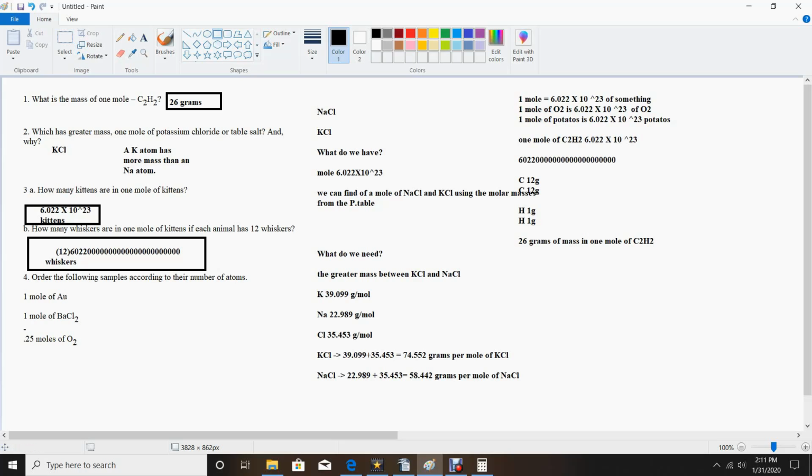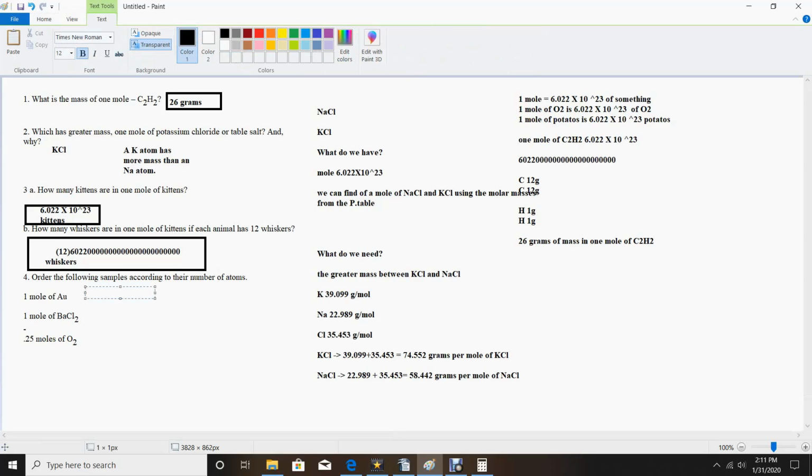1 mole of gold, Au, is that many atoms of Au. So 1 mole of gold, we'll just go ahead and write that, 6.022 times 10 to the 23rd atoms. Okay, simple enough. 1 mole of BaCl2, that's more interesting. Every BaCl2 molecule contains 1 Ba, 1 Cl, and another Cl.